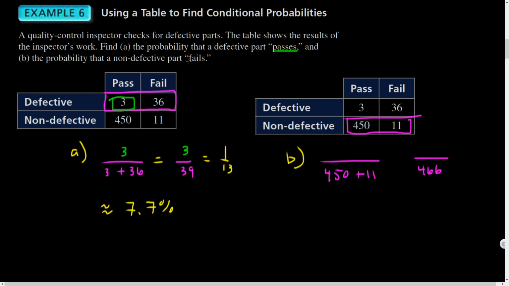What I'm calling a success here is a fail, so that's weird. The number of those non-defectives that failed was 11. So 11 out of 461.